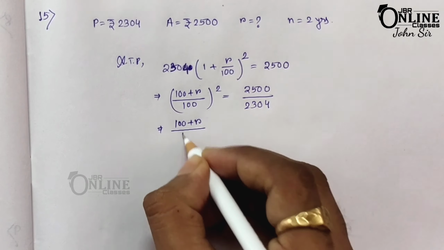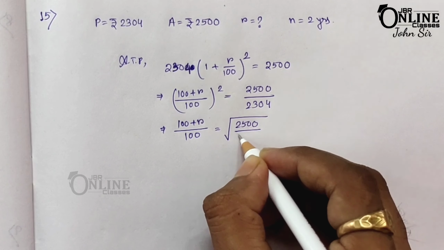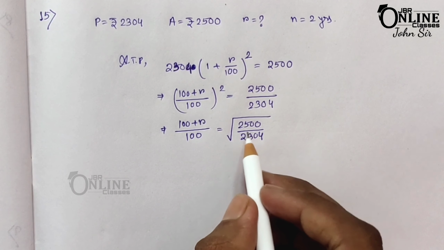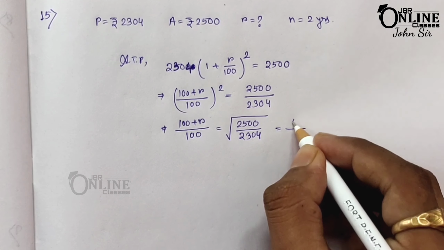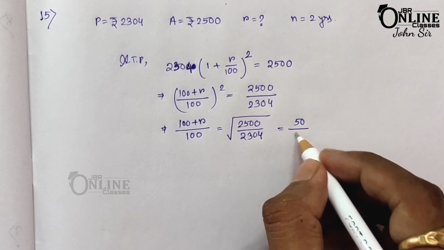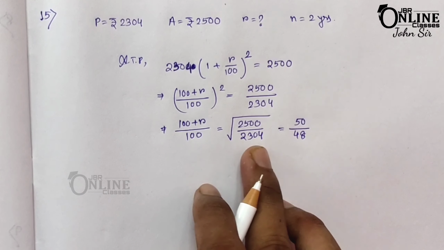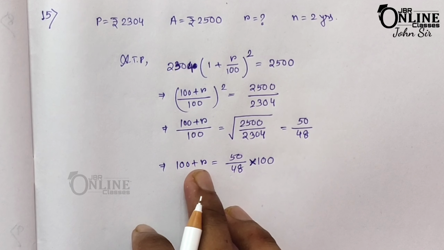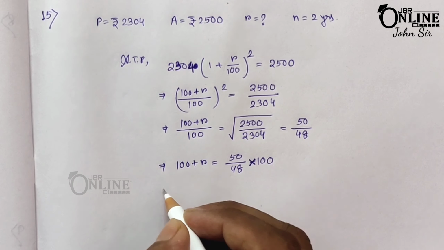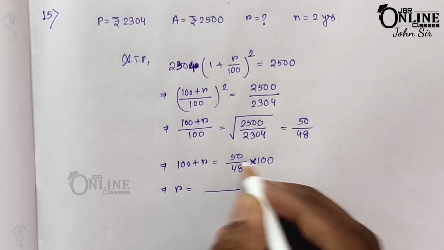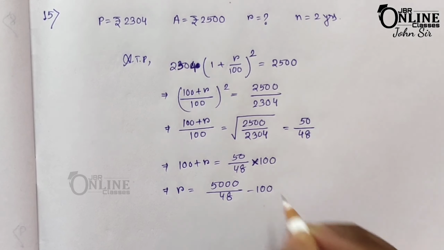Now 100 plus r by 100 equals root over 2500 by 2304. Root of 2500 becomes 50 and root of 2304 becomes 48, because 48 into 48 becomes 2304. So 100 plus r equals 50 by 48 into 100. Then r equals 5000 by 48 minus 100.